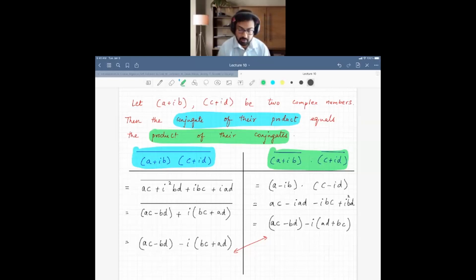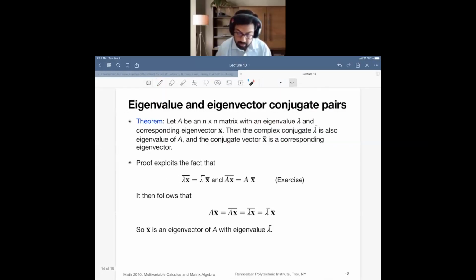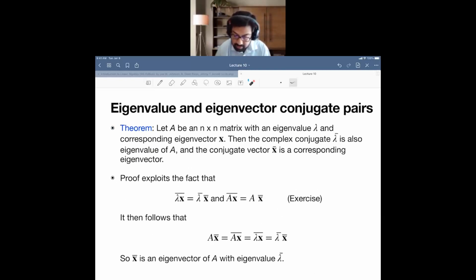We are going to use this particular property to help us prove the theorem. So let's go back and take a look. That's what the proof is exploiting. We are given that lambda is an eigenvalue of A with the eigenvector x. So you can write Ax equals lambda x, based on the given assumption. Now let's evaluate the complex conjugate of lambda x.